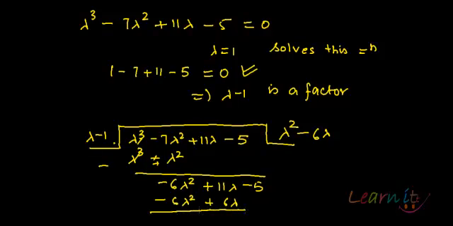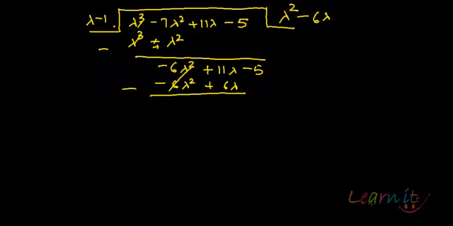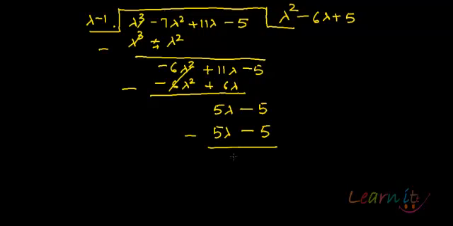Okay, when you subtract this, 6 lambda square gets cancelled out, and what will remain is 5 lambda, and minus 5 comes down here. And in case I multiply lambda minus 1 with 5, I will get 5 lambda minus 5, and when I subtract this, I have a 0 remainder. Okay, so we have been successfully able to get the second factor.